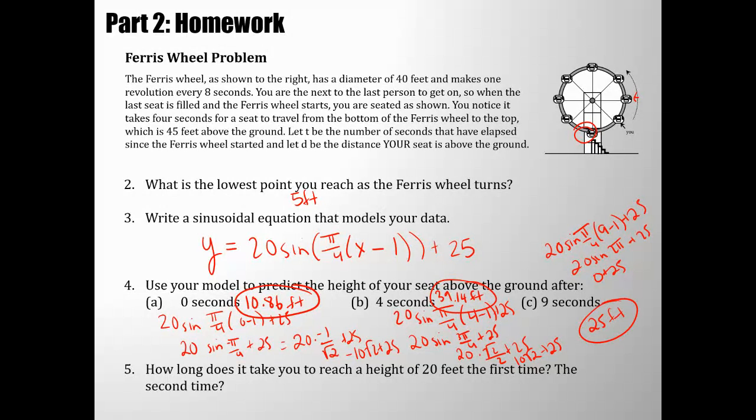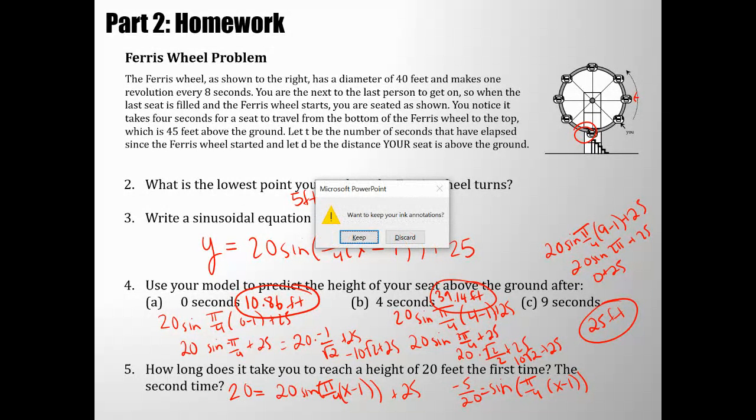Pretty cool, right? How long does it take you to reach a height of 20 feet for the first time? So where were you at 20 feet? Let's see. 20 equals 20 sine of pi over 4 times x minus 1 plus 25. So I've got negative 5 over 20 equals sine of pi over 4 times x minus 1. I need my calculator. I could graph this as well, and I'll do that in a moment.